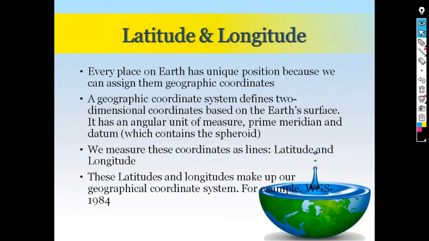A geographic coordinate system defines two-dimensional coordinates based on Earth's surface. It has an angular unit of measure, a prime meridian, and a datum, which contains the spheroid. We measure these coordinates as lines, latitude and longitude. This latitude and longitude make up our geographical coordinate system, for example, WGS 1984.